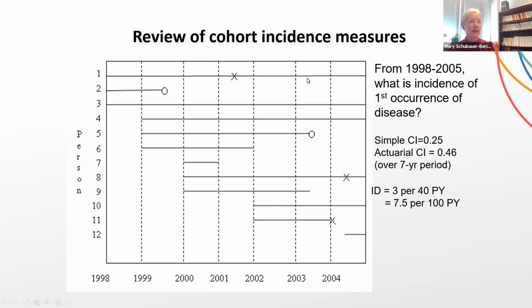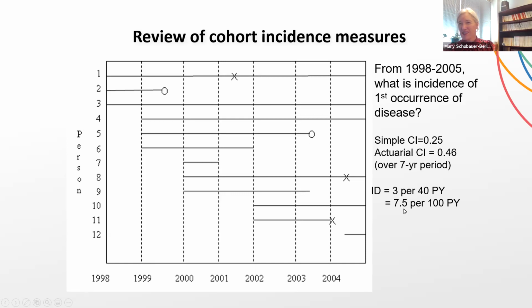They stayed on study, but this is not relevant exposure or relevant time on follow-up after the first event occurred. But you can see that people contribute different amounts of person time to this example. And I invite you to calculate it. Hopefully it adds up to 40 person years, and the incidence density would be 3 per 40 person years, or 7.5 per 100 person years, or 75 per 1,000 person years, et cetera.